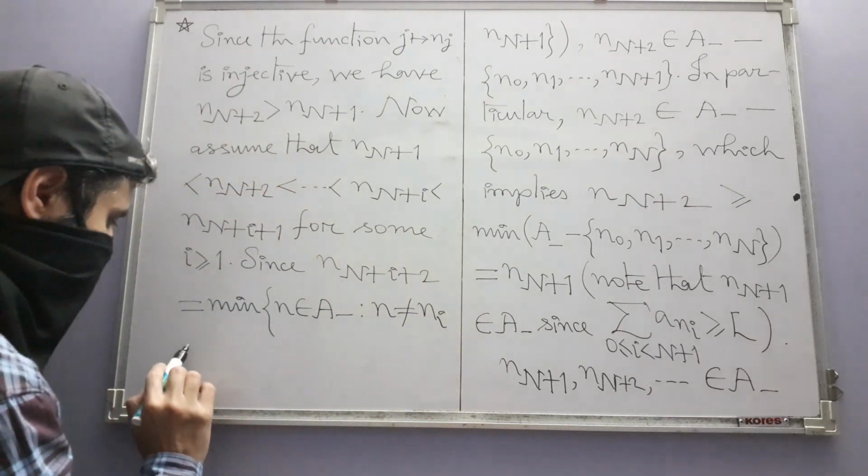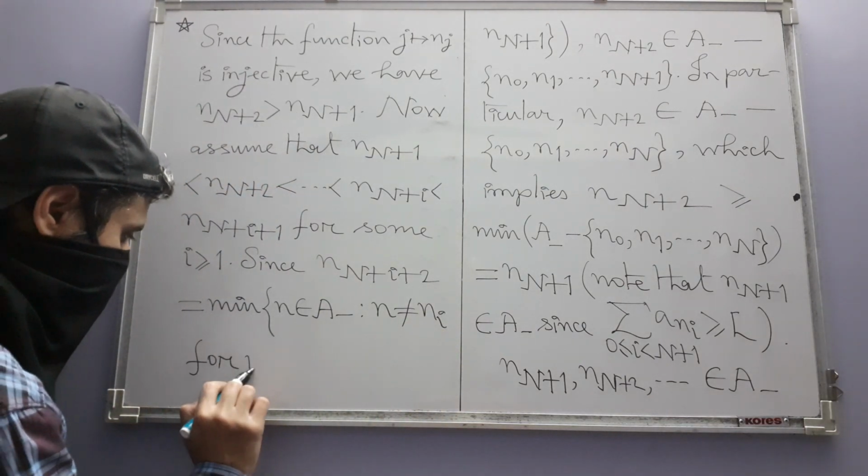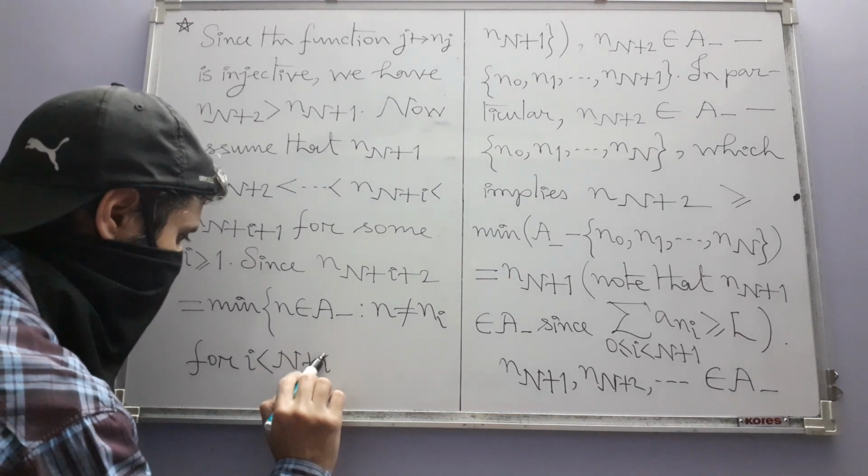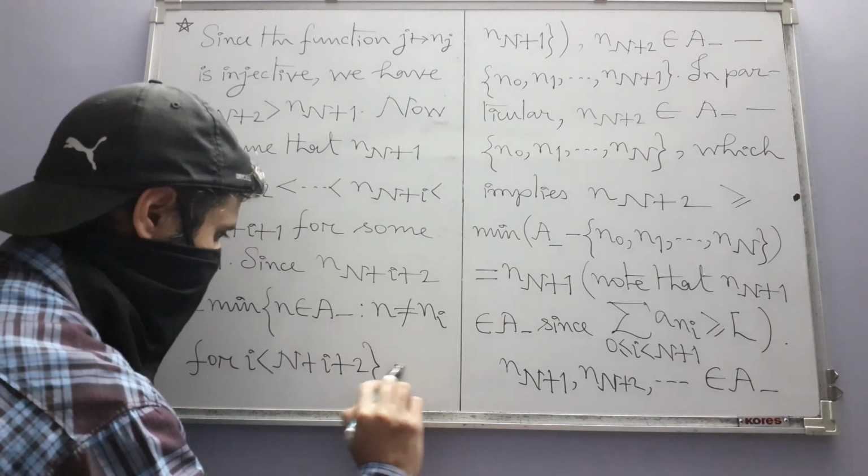N is not equal to Ni for I less than n plus I plus 2.